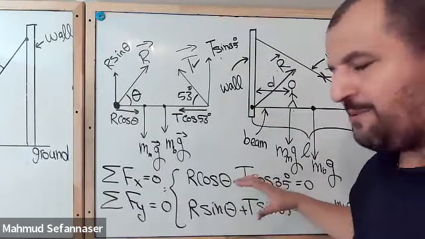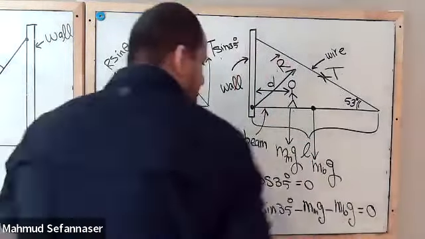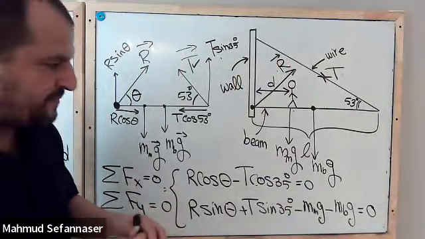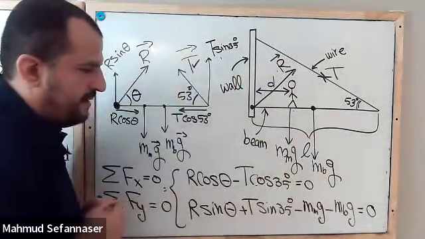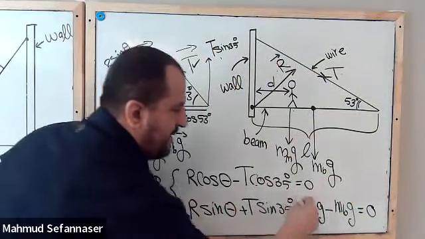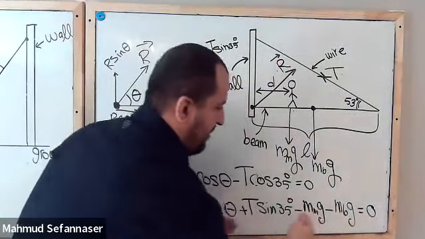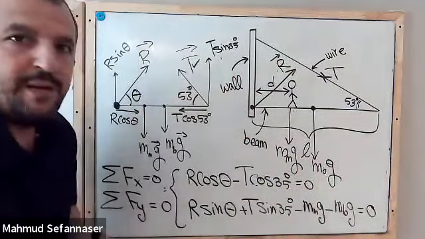So let's see what we can do, guys. The first thing that I can do is move this term to the right-hand side, and this term, and this term, and this term also to the right-hand side.